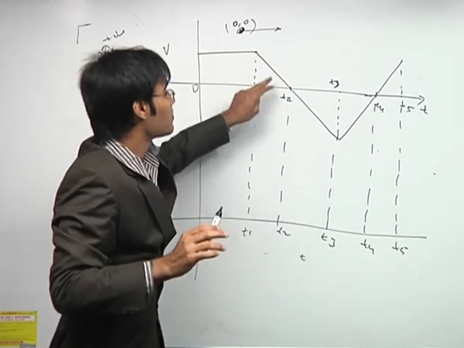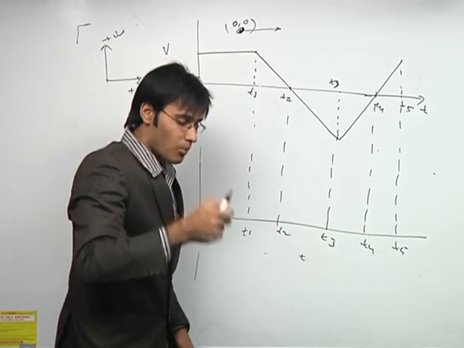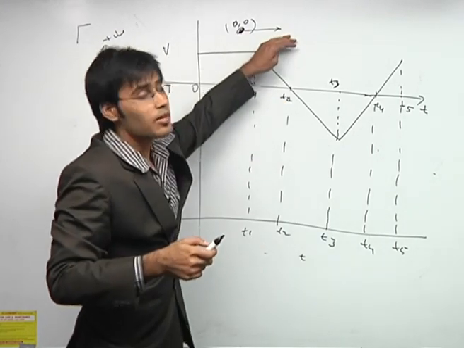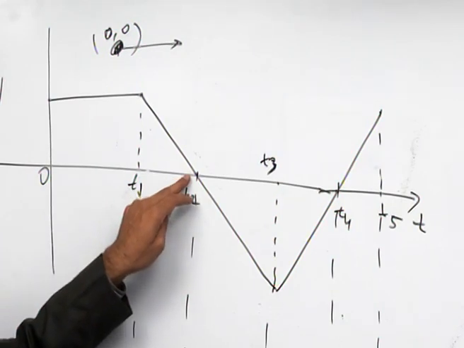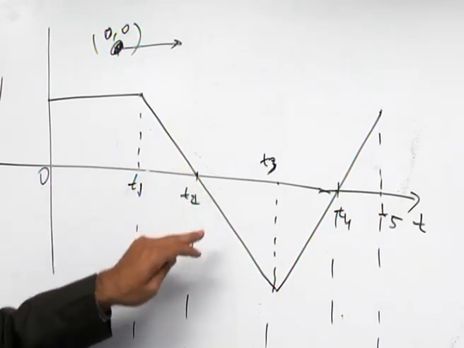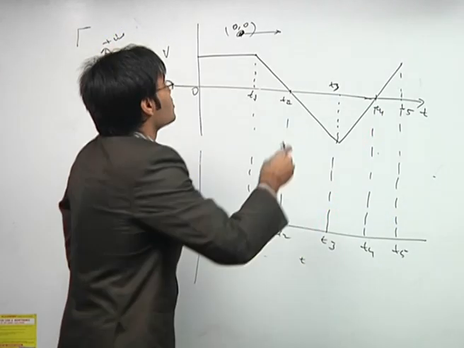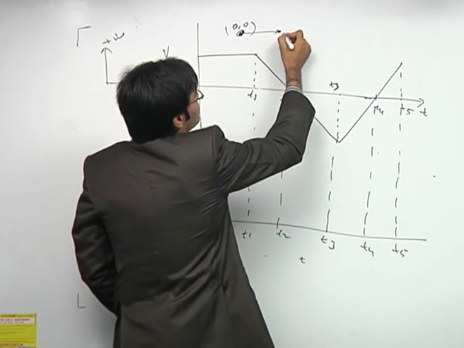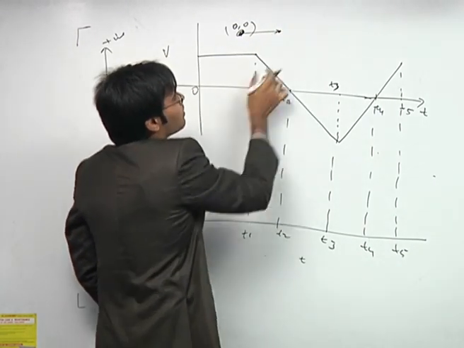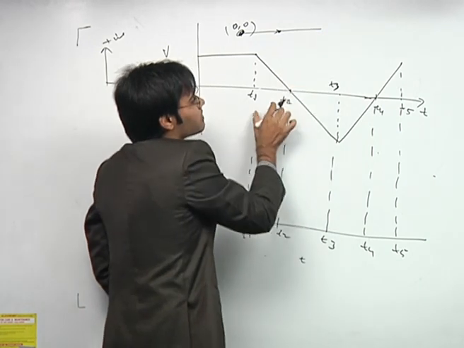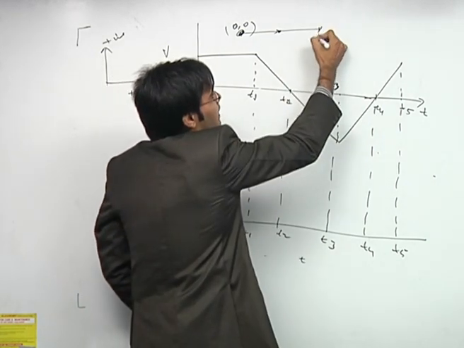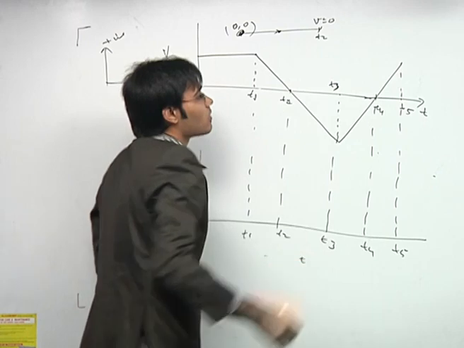Keep this thing in mind, okay. The object traveling in a rectilinear path will turn only if its velocity is 0, okay. So at t2, its velocity is becoming 0. So let's say this is some displacement during t1, and then it is covering some displacement in t1 and t2. At this point t2, its velocity is becoming 0, okay.